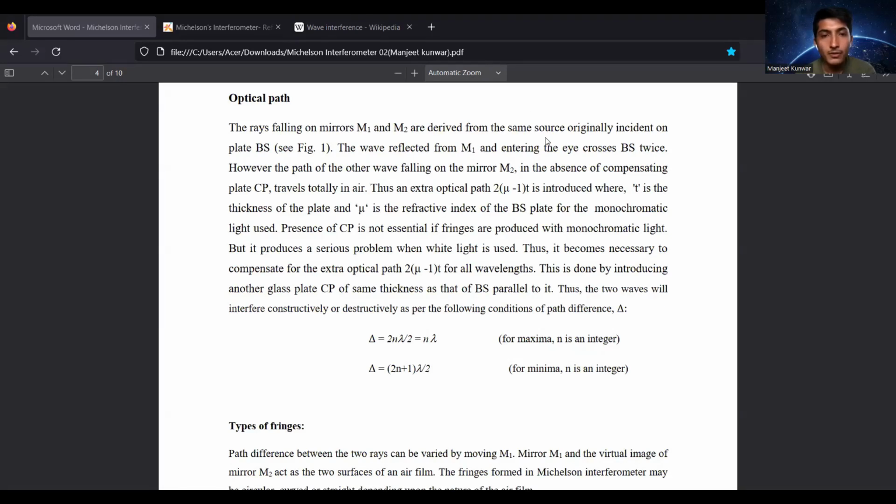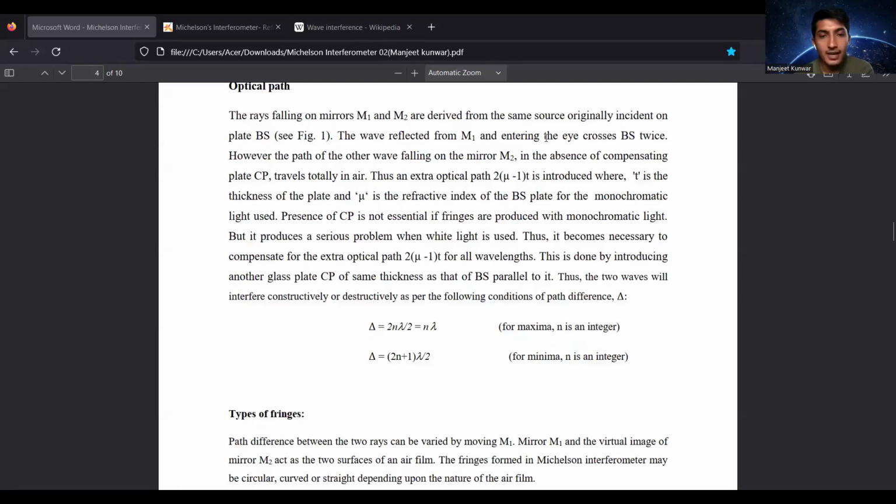Thus, the two waves will interfere constructively and destructively according to the following condition of path difference delta. Delta is equal to 2nλ/2, which is nλ, for maxima, where n is an integer, and delta is equal to (2n+1)λ/2 for minima.